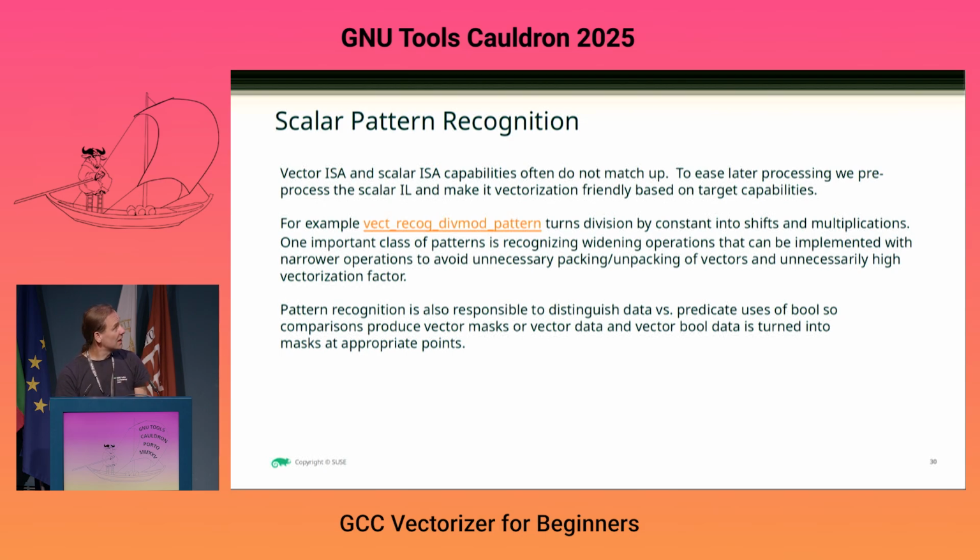And the scalar pattern recognition in that case basically computes scalar statements that would match up with the mask representation the target actually uses. So that's where you see like you have 32-bit booleans that the vectorizer introduces during the pattern recognition, or 2-bit booleans or something like that, because that then matches up with how the target handles this, and this allows later the vectorizer to process the data correctly. I find it a little bit awkward, but it works, and nobody had the energy to come up with something better yet.